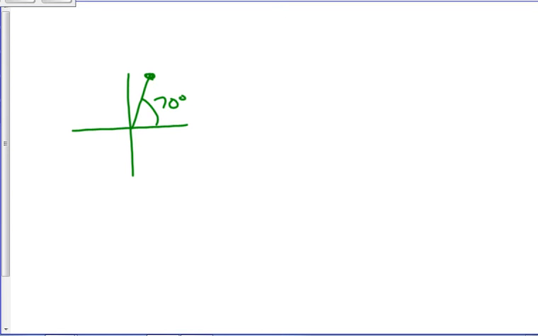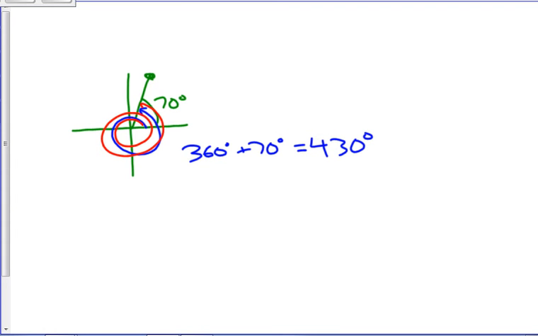So there's 70 degrees, or there's also a full revolution plus 70 degrees, which would be 430 degrees. We could go another revolution on top of that, so 2 revolutions and 70 degrees, which would really be just like adding 360 onto your 430. That would give you 790.